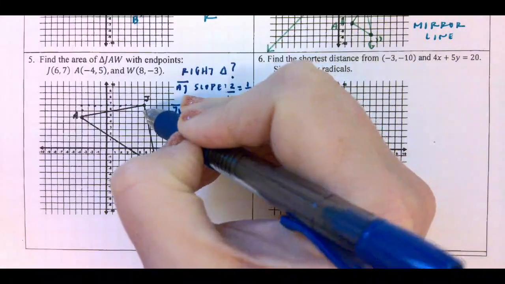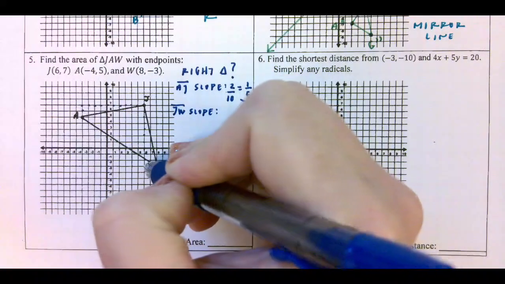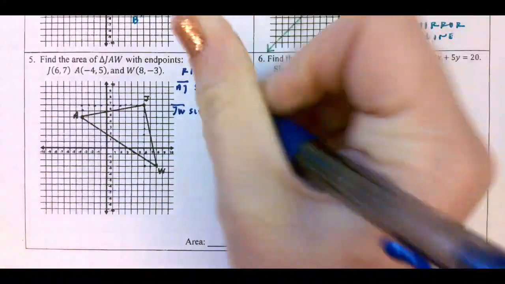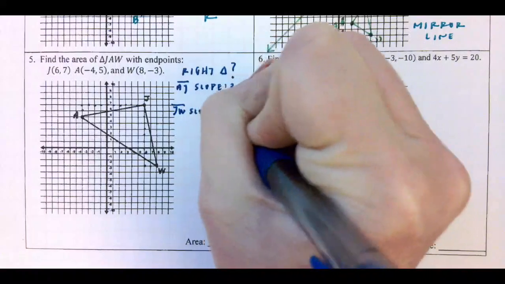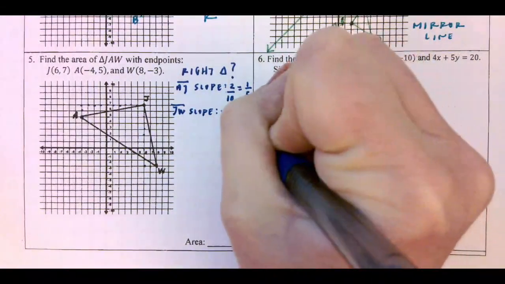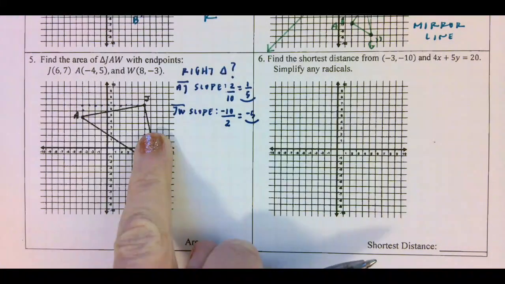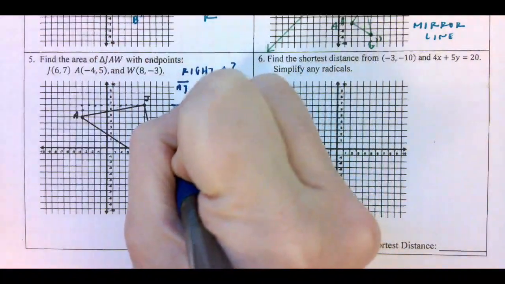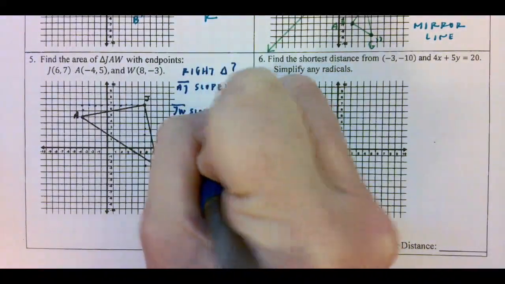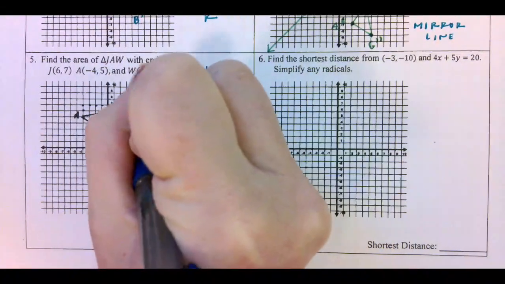So here I'm going down 1, 2, 3, 4, 5, 6, 7, 8, 9, 10, and right 2. So down 10, negative 10 over 2 reduces to be negative 5. So we say, yes, this is a right triangle because these two segments have slopes that are opposite reciprocals. So we know that AJ must be perpendicular to JW at point J.